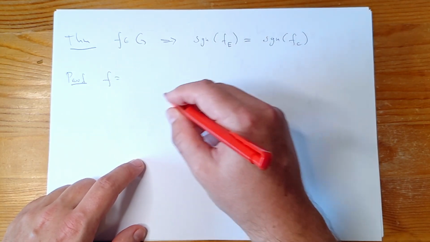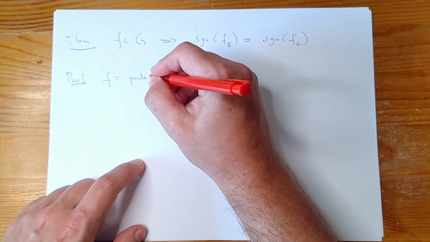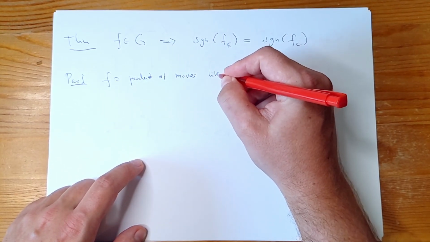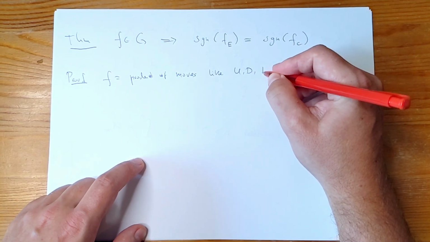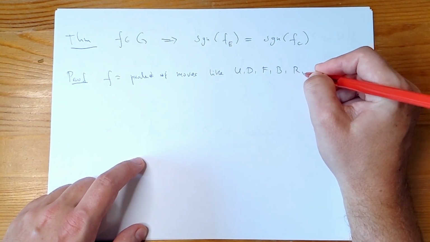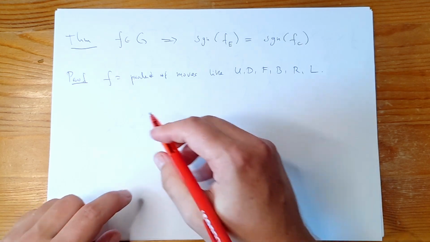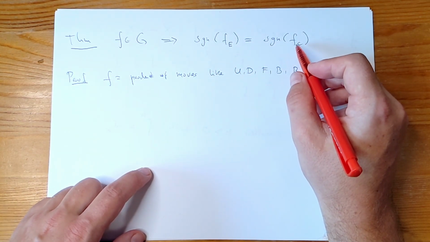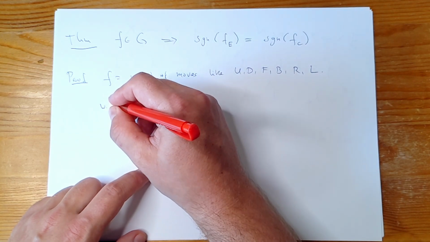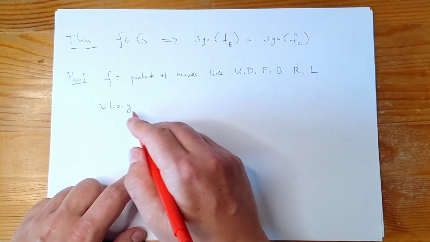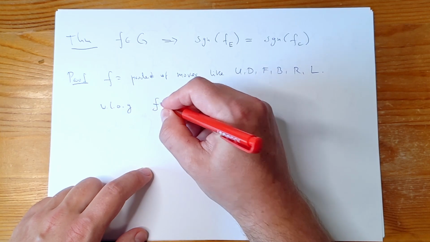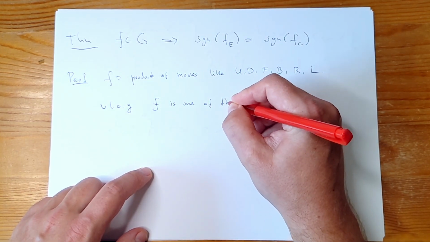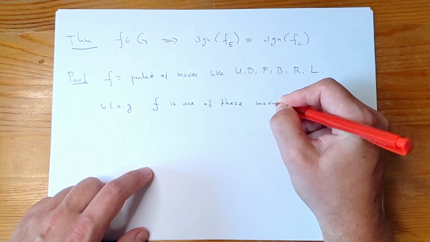So by definition, F is a product of moves like U, D, F, B, R, L. And we know that the signature behaves well with respect to products. Okay? So this means that we can assume, without loss of generality, that F is one of these moves.